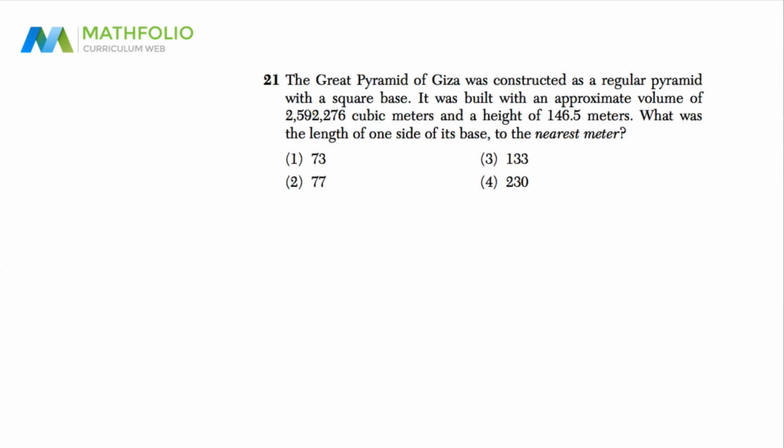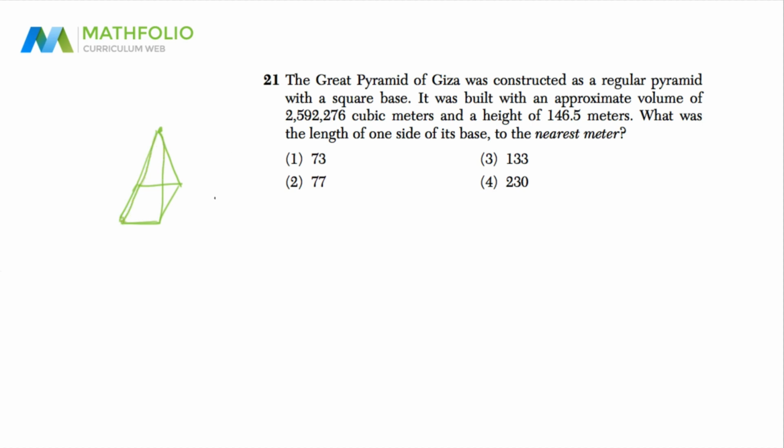Here's number 21. Here we're talking about a pyramid of Giza. It says it has a square base. And so this is how we draw a pyramid. We draw the square, and then we draw a point in the sky, and then we come to each and every point here as well.